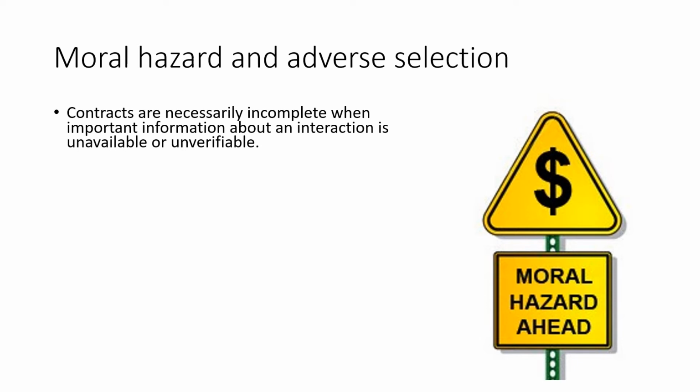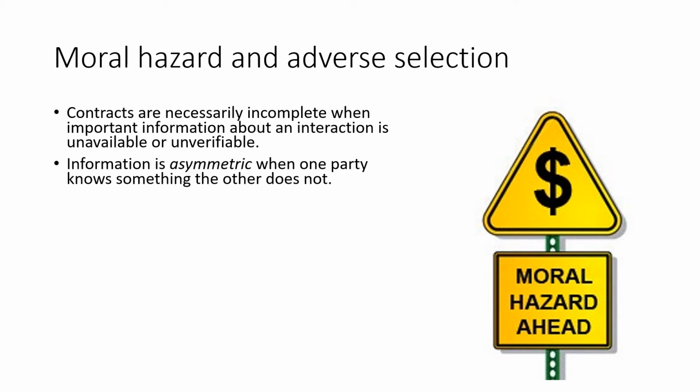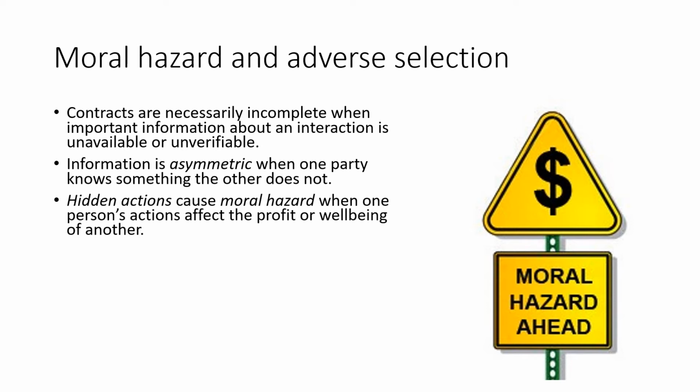Moral hazard and adverse selection. Markets can fail because of moral hazard and adverse selection. Contracts are necessarily incomplete when important information about an interaction is unavailable or unverifiable. We call this asymmetric information. So information is asymmetric when one party knows something the other does not.